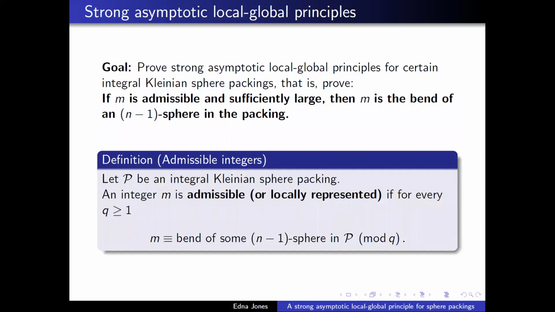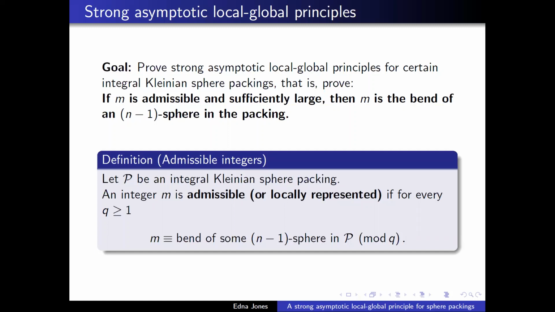So what am I doing? My goal is to prove strong asymptotic local-global principles for certain integral Kleinian sphere packings. That is, prove that if M is admissible and sufficiently large, then M is the bend of an n minus one sphere in my packing.